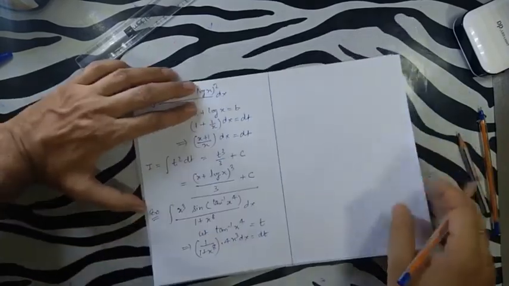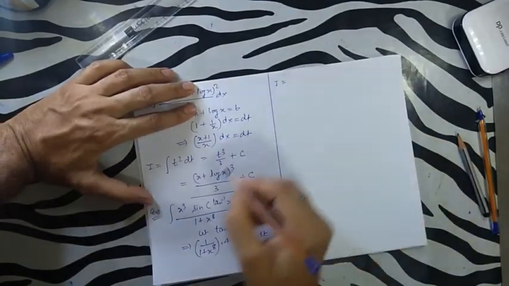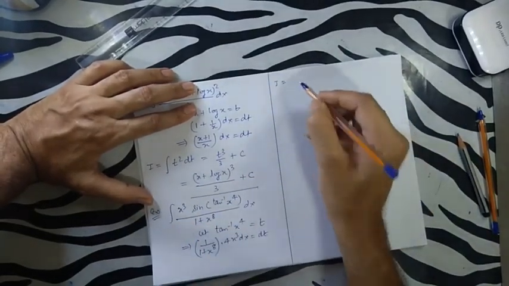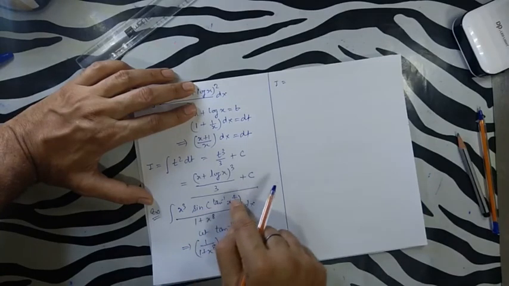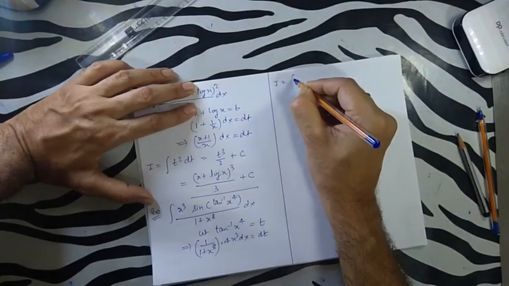So the integration becomes x cube by 1 plus x raised to power 8 dx is equal to dt by 4, and this is sine t.